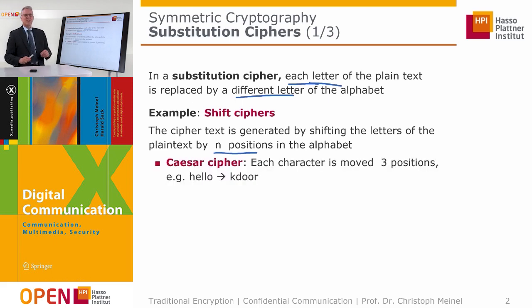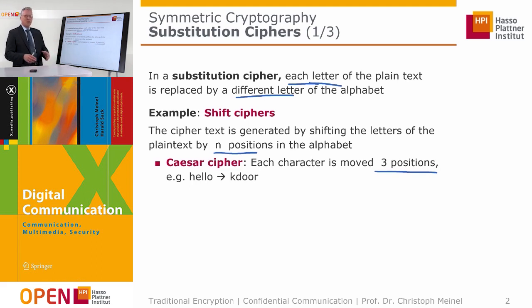One of these shift ciphers, historically very famous, is the Caesar cipher. Caesar, yes, the Roman Caesar, used this shift cipher for encrypting messages about wars and other things by shifting each character by 3 positions.